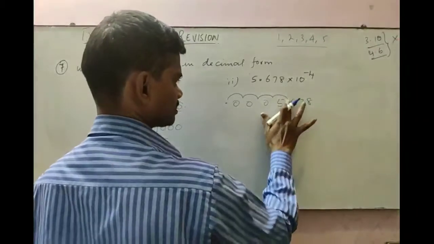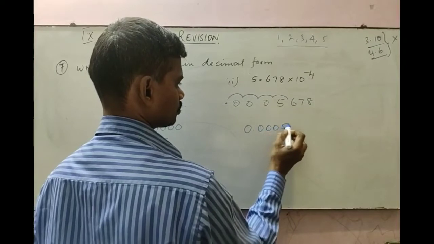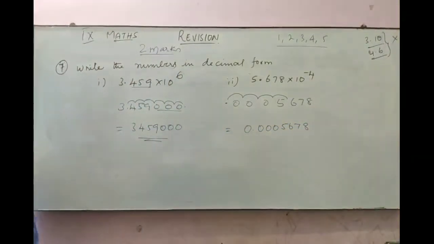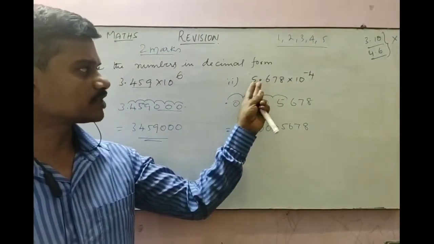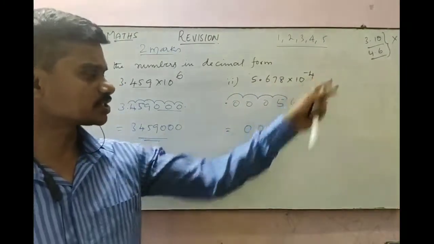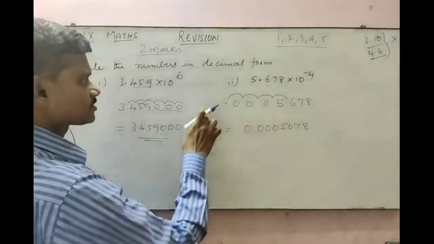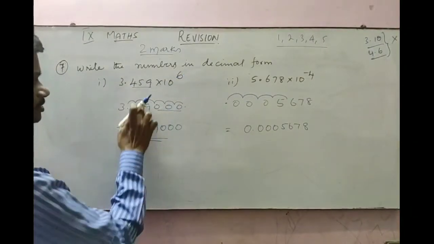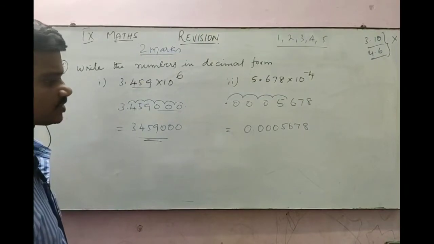So you will get the answer as 0.0005678. This is the decimal form of 5.678 into 10 to the power of minus 4. So for minus 4, you have to move 4 digits to the left side. If it is plus, you have to move to the right side. So this is the way of writing the decimal form for the given scientific notation.